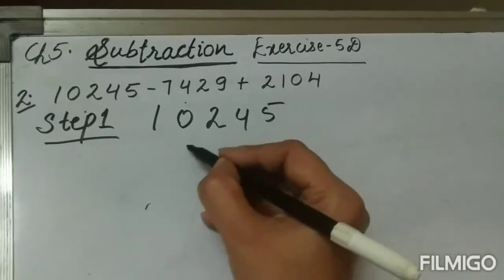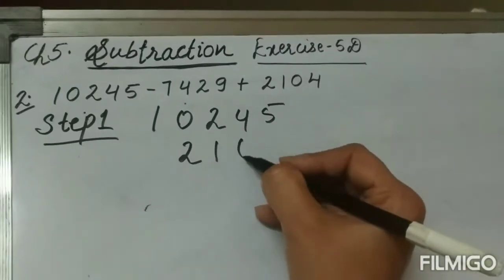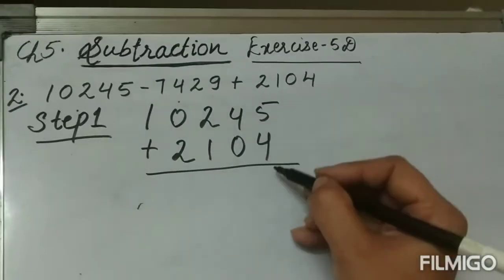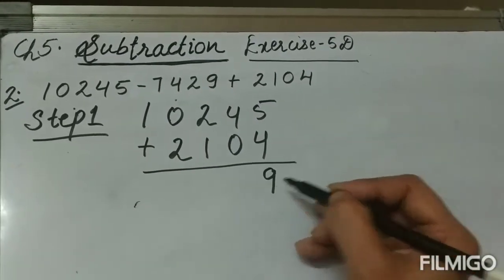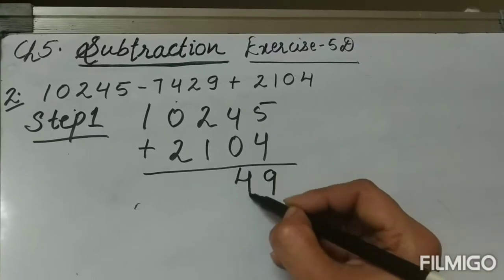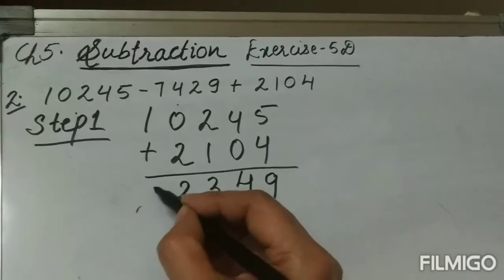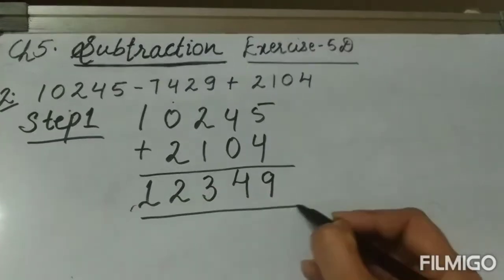10245 plus 2104. Add these two numbers and we will get 5 plus 4 is 9. Here is 4. 2 plus 1 is 3. 2 and 1.